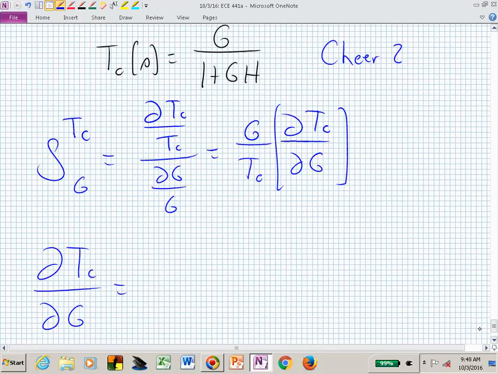We have this quotient that we're trying to find the partial derivative of. You can use your calculus if you want on that. What's the partial of G over 1 plus GH with respect to G?